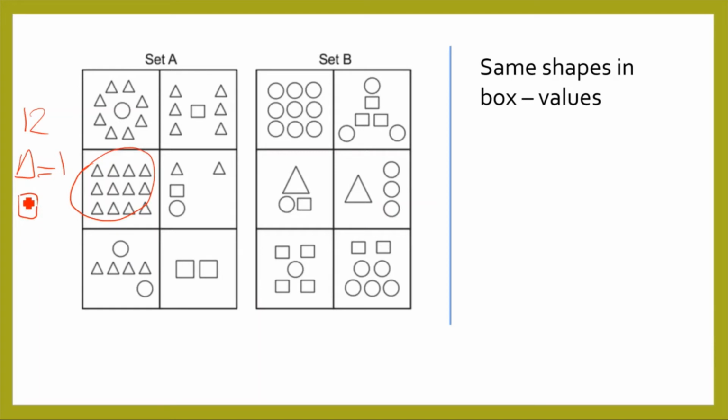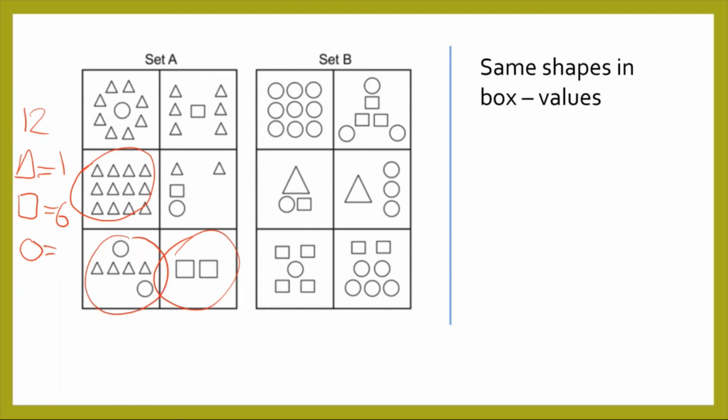Then I can look at the square, because that's the next simplest one. There's 2 squares, and if the box has a value of 12, then 12 divided by 2 gives me 6. And then I can look at how to identify the circle, because there's 3 different types of shapes and the circle is missing now. Which is the simplest shape I can identify?